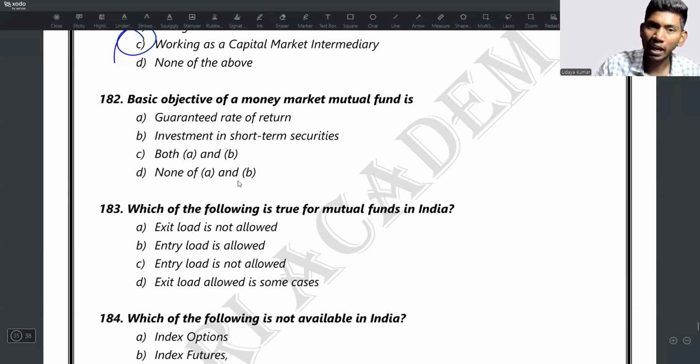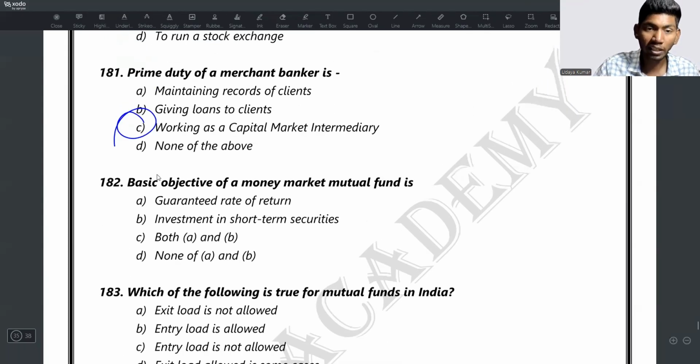Sorry, again I am discussing the wrong question. 182 we have to discuss, right? The basic objective of a money market mutual fund. Here the money market mutual funds invest in short-term high-quality debt securities. Already we have discussed it, right? Investment in short-term securities. Sorry, I'm just a bit confused here.